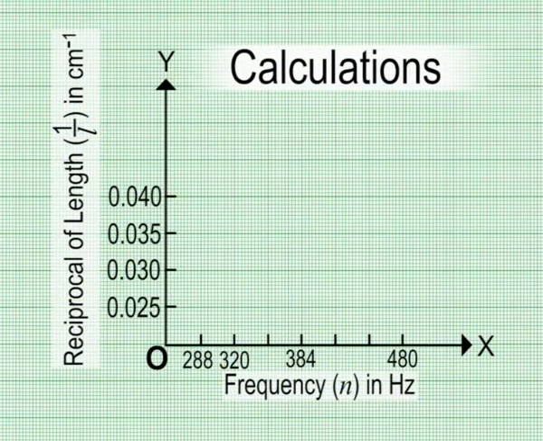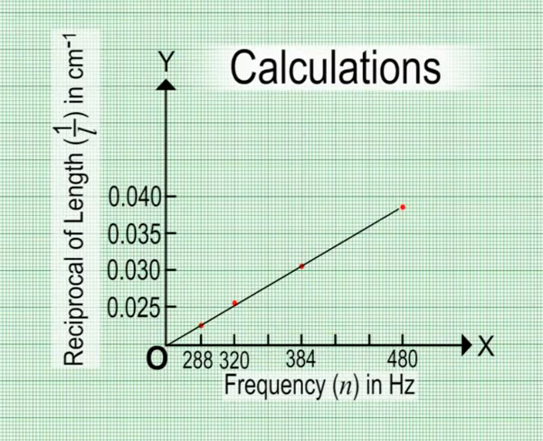In the name of calculations, we plot a graph between the frequency n and 1 by L. The frequency n is to be taken along x-axis and 1 by L along y-axis. The same you can observe here.